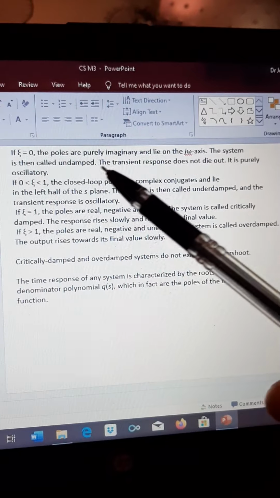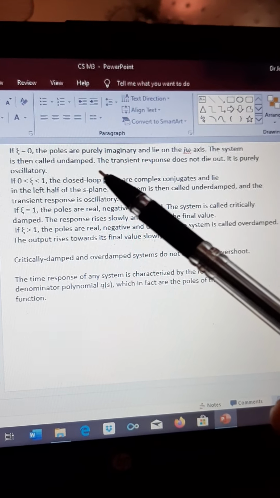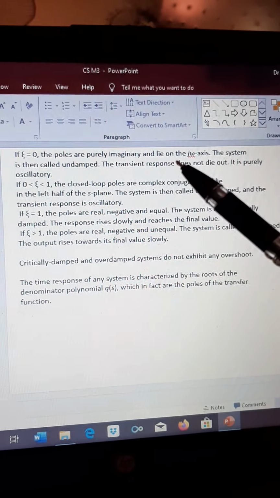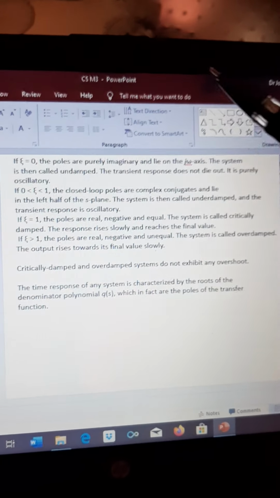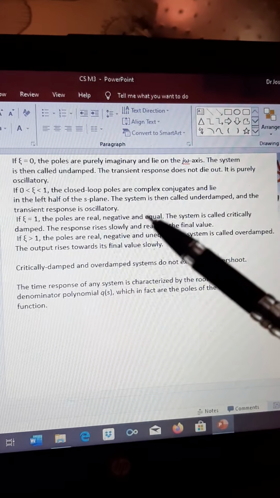The system is then called undamped. The transient response does not die out. It is purely oscillatory.